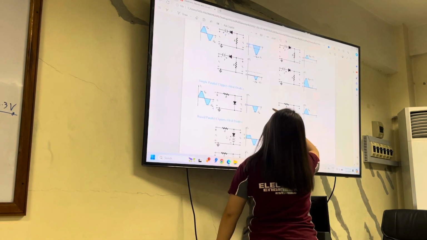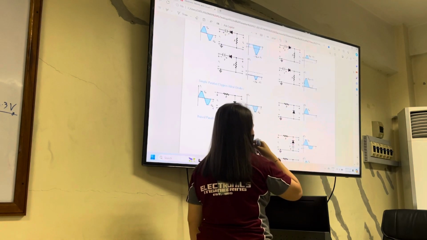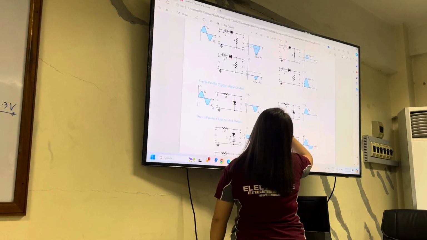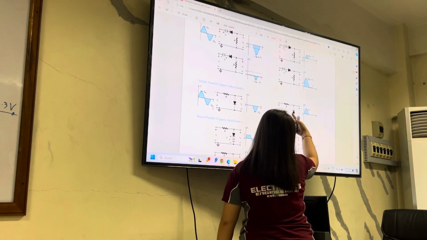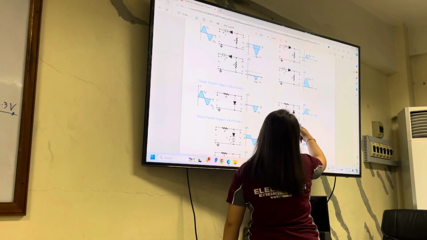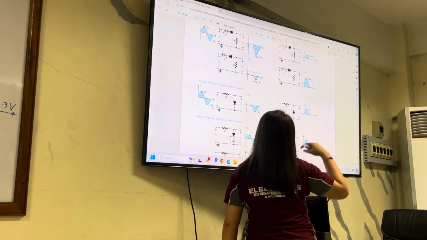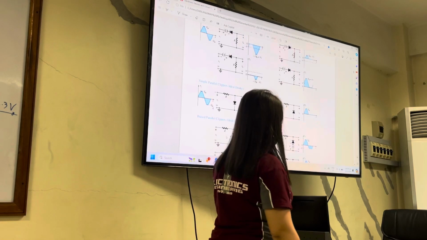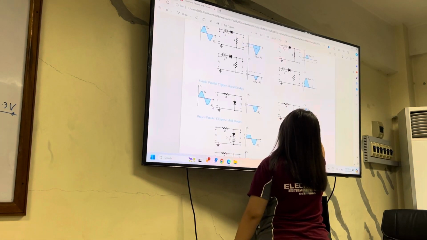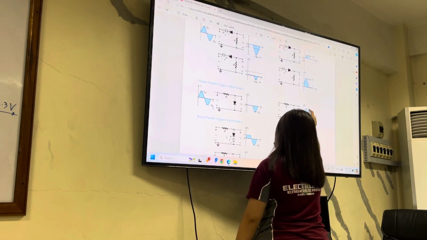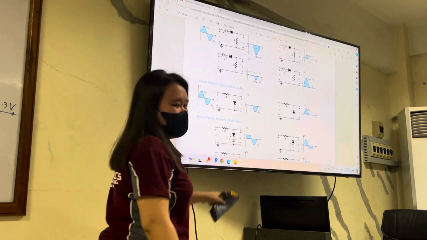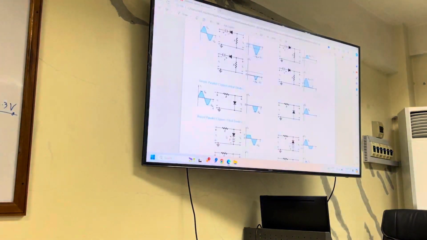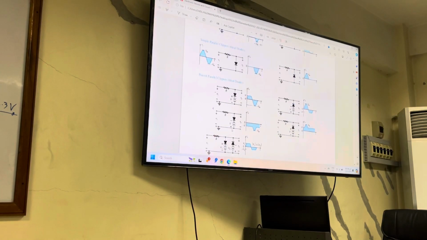Now during the negative half cycle, it is forward biased, and in the forward bias condition VO is 0. In reverse bias, VI is equal to VO. It is no longer positive. This is a half-wave rectifier.